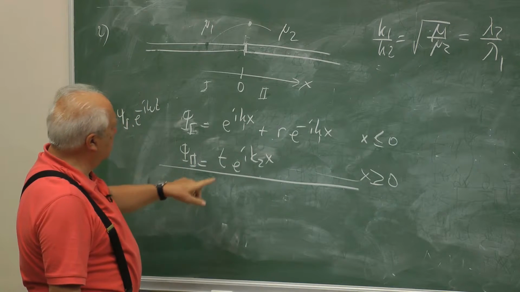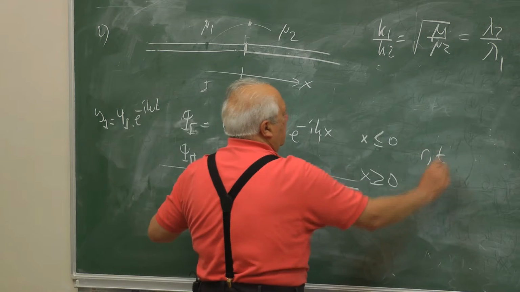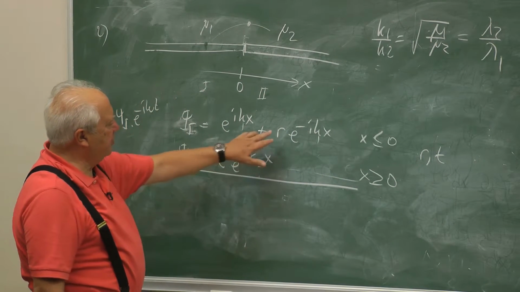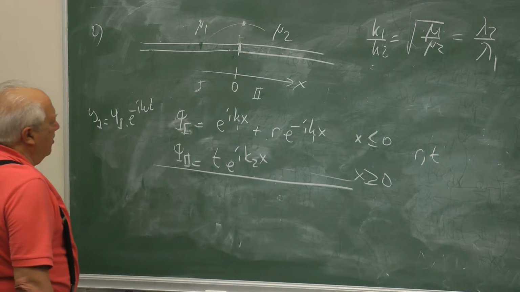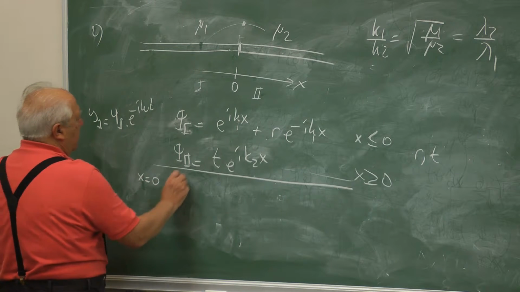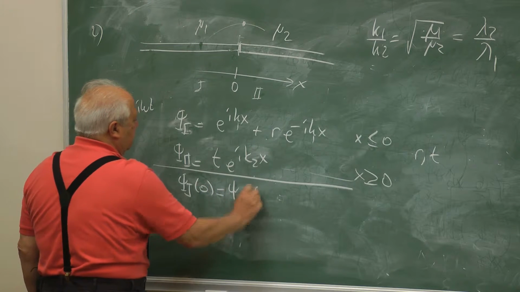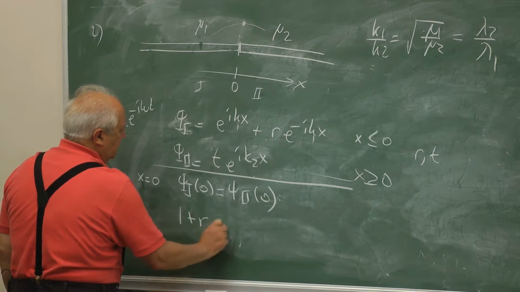And the unknown things are R and T, the amplitude of reflection and the amplitude of transmission. One equation is obvious at x equals 0: psi 1 of 0 is equal to psi 2 of 0. That means 1 plus R is equal to T.